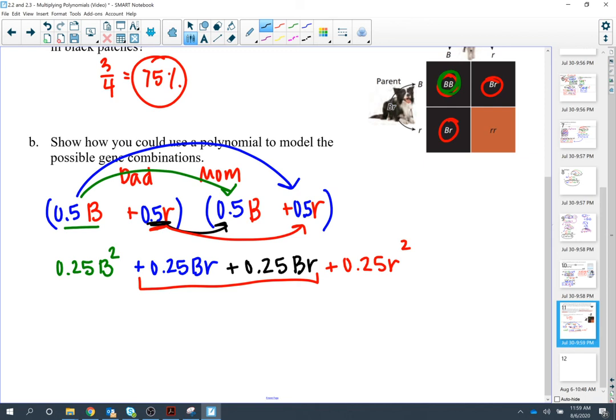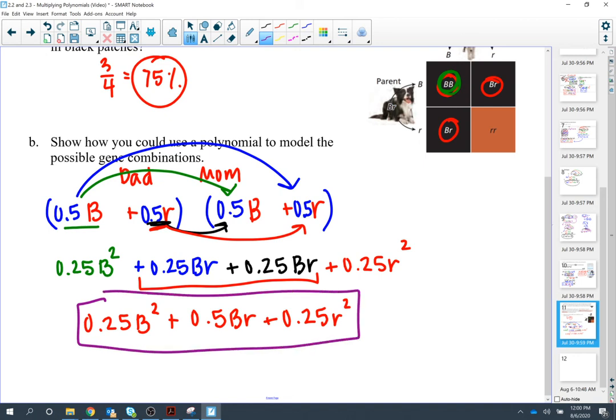Combine like terms. Okay, so then I'm going to drop down my 0.25 big B squared. Adding 25 and 25 is 0.50 big B little r, and then plus 0.25 r squared, and that is the breakdown of your Punnett square. 25% right there is your big B, big B. 50%, half of those squares, are your big B, little r, and then 25% are your little r squareds.